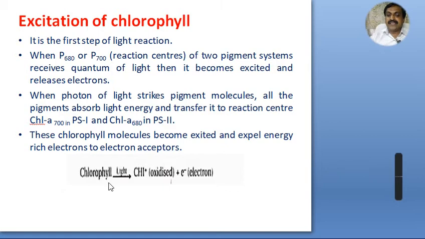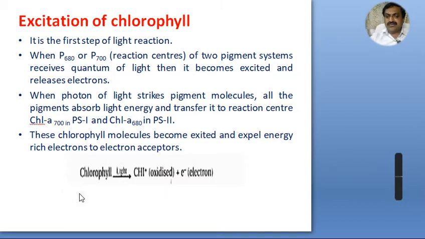And again, the same chlorophyll A molecule, which has gained extra energy, now loses energy and comes back to the ground state. That extra energy gained will be utilized in converting the light energy into chemical energy. That is why it is called a photochemical reaction. So how is light energy converted into chemical energy?